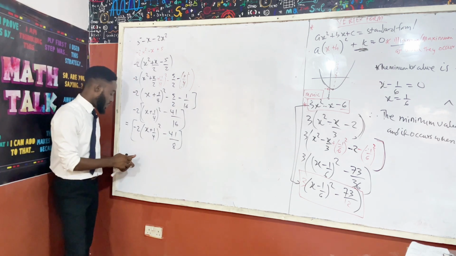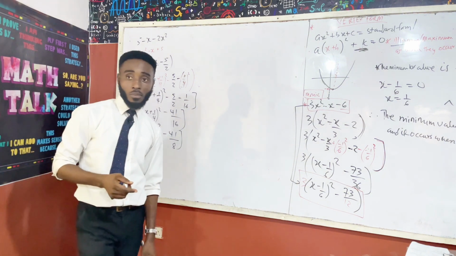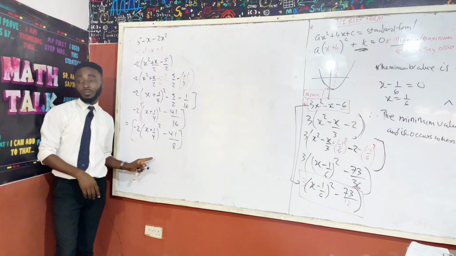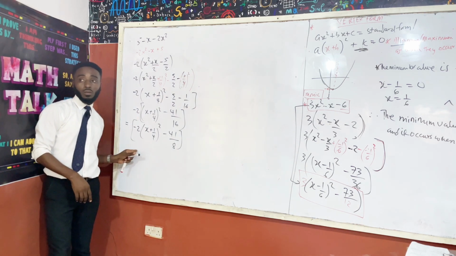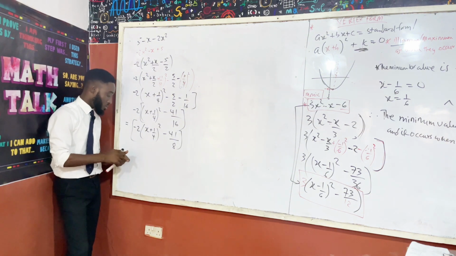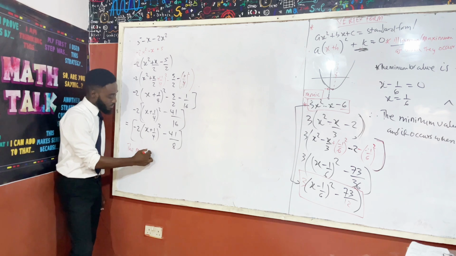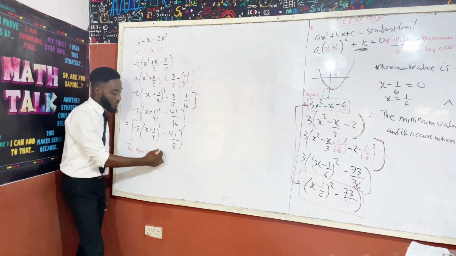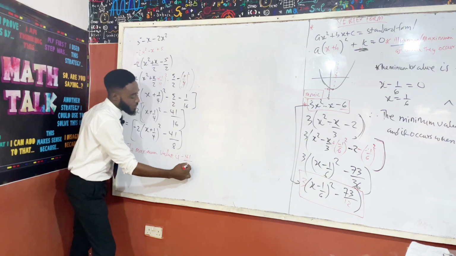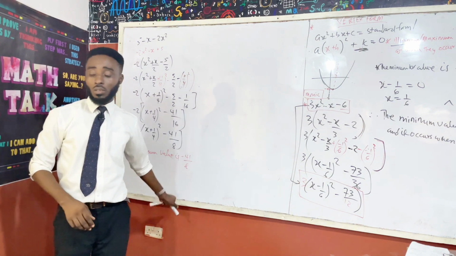So what are the vertices? Would it be a minimum or maximum graph? So let's plot it again. It will be a maximum graph. Why? It's negative. Yeah. So the maximum value is minus 41 over 8, and it occurs when x is equal to what?